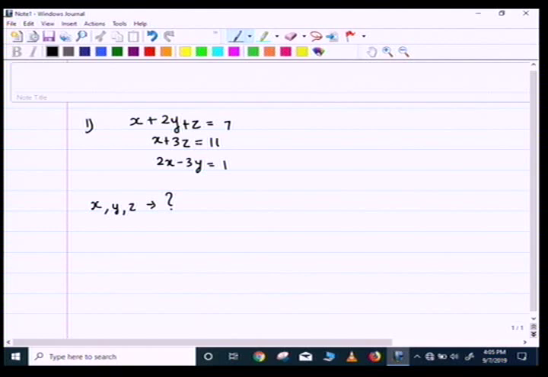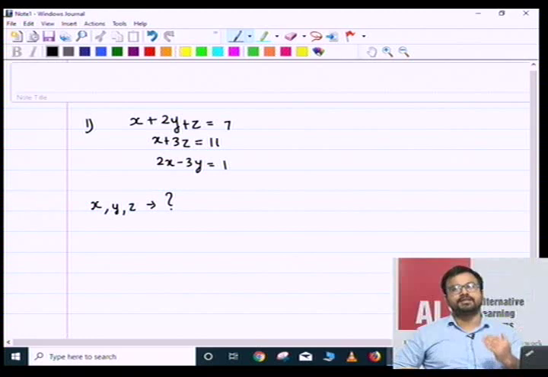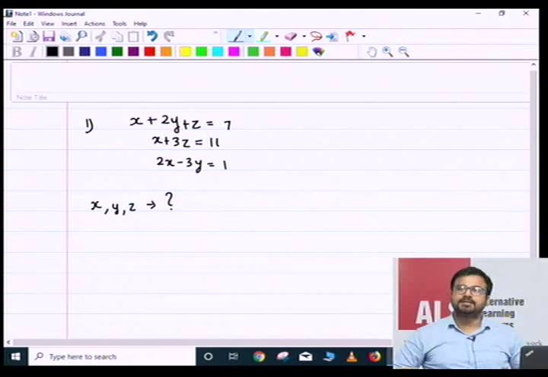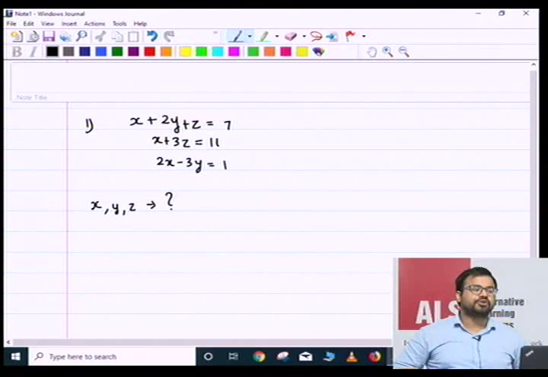The hint is that from the first two equations you can eliminate x, so you will get an equation in terms of y and z. Similarly, from the second and third equations, again eliminate x, and you will get an equation in y and z, and then solve for y and z. Or you can use substitution, put the values of x and y in terms of z.